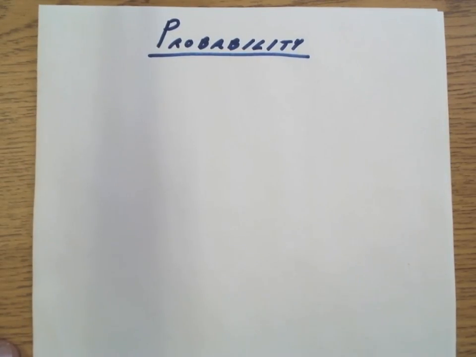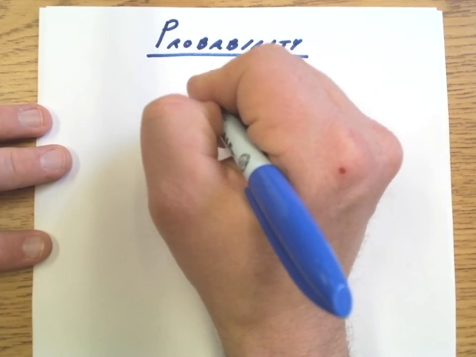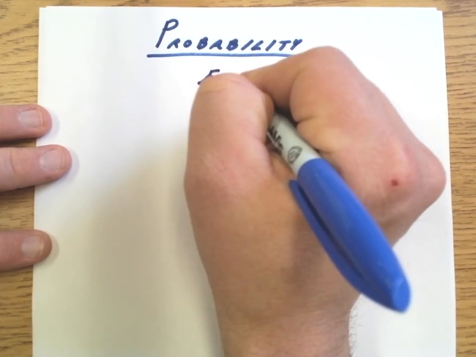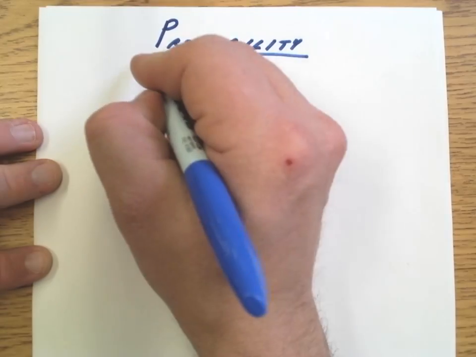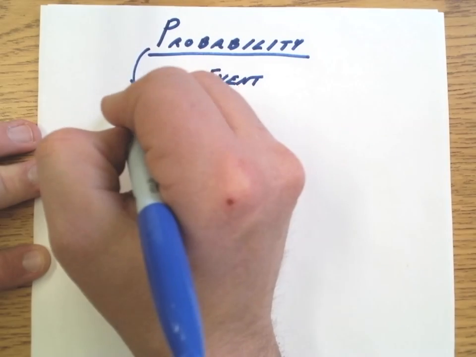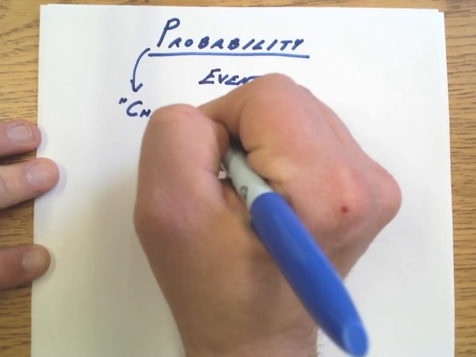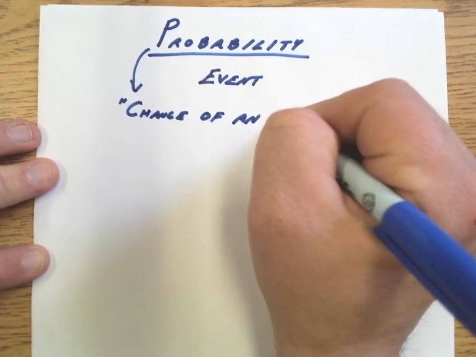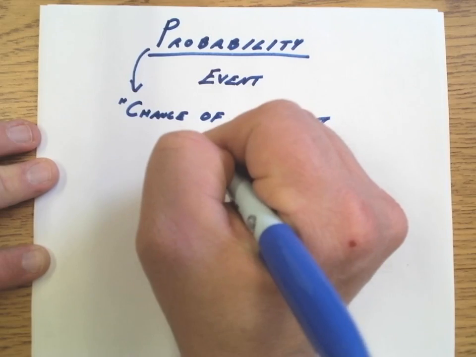So probability is defined as the chance of something happening. Well, that something that happens is called an event. Now, life is full of events, and again, with probability, we want to determine the chance of an event happening.